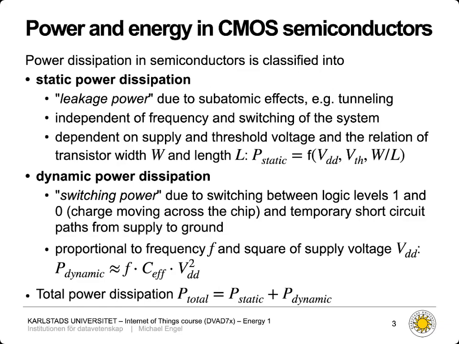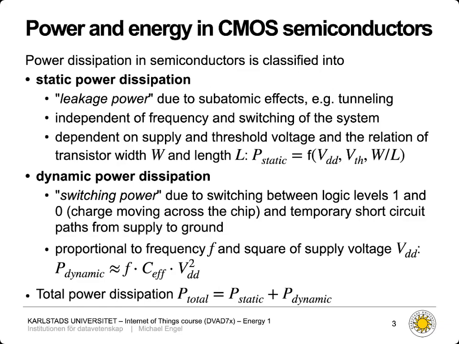And the static power dissipation in turn is mostly dependent on the voltage we supply our semiconductor with and the voltage our semiconductor switches with, so the supply and the threshold voltage, and also the relation of the geometry of the transistor, so of its width W and length L. So our static power dissipation is a function of the supply voltage, the threshold voltage, and the fraction of the width to the length of a transistor on a chip.